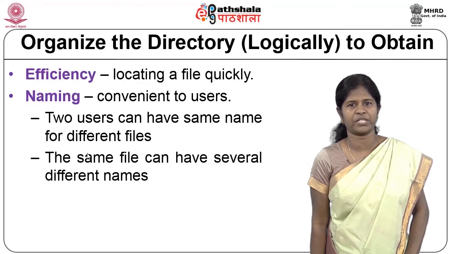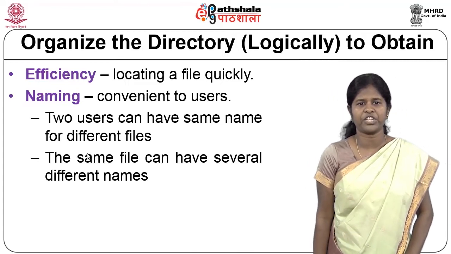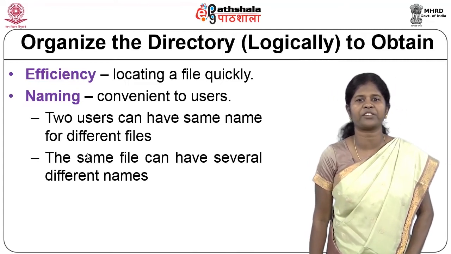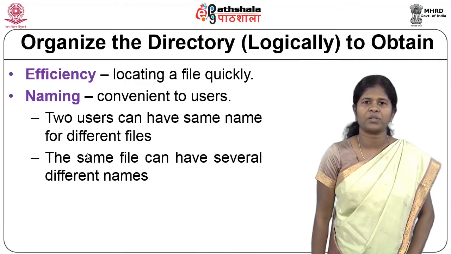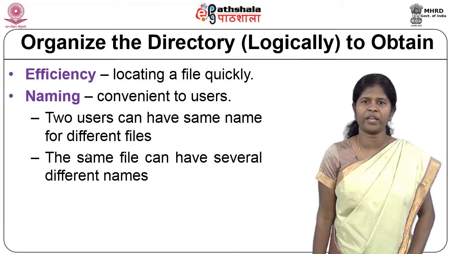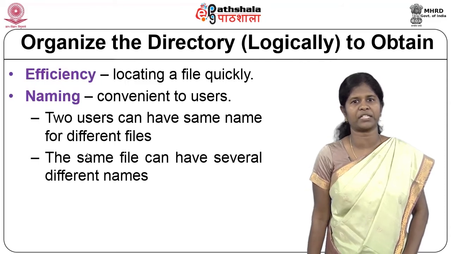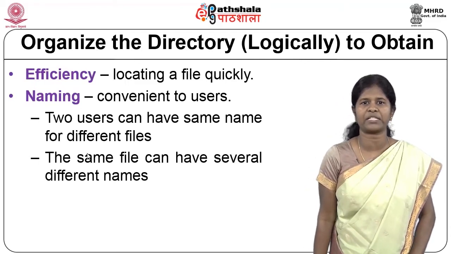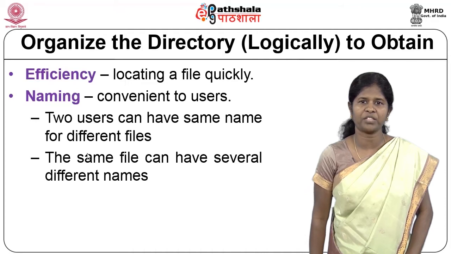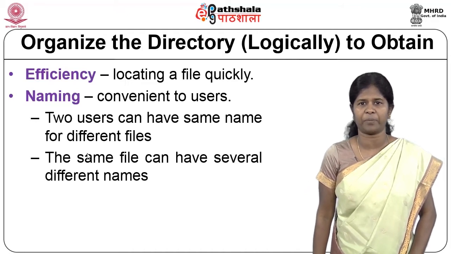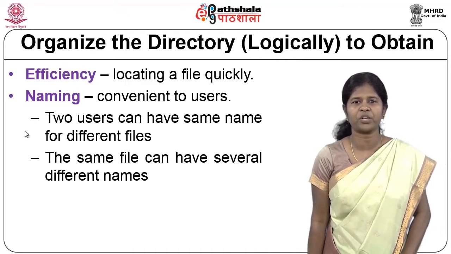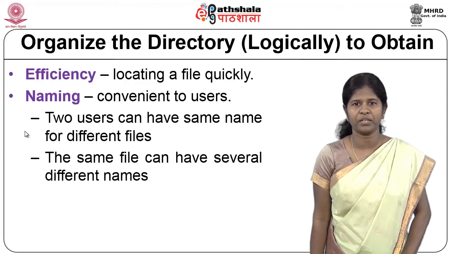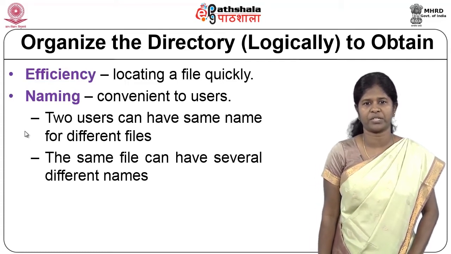One is efficiency, that is, it is efficient if you are able to locate a file quickly. As we saw earlier, we need to be able to search into a directory, to list the contents of a directory, and so on. When you are trying to search for a file in a particular directory, you should be able to locate the file very quickly. So, the search should be efficient.